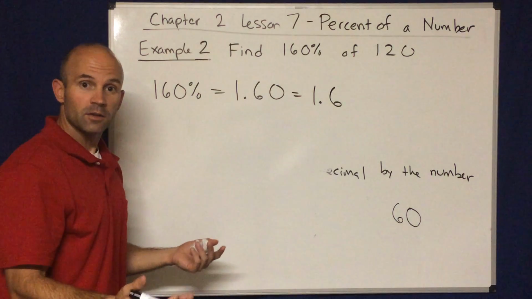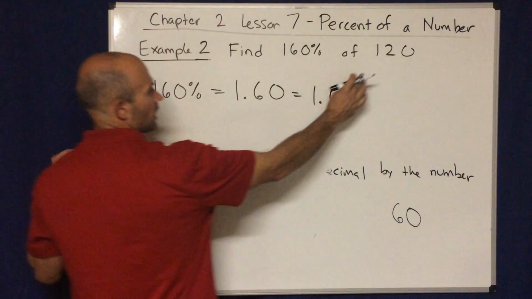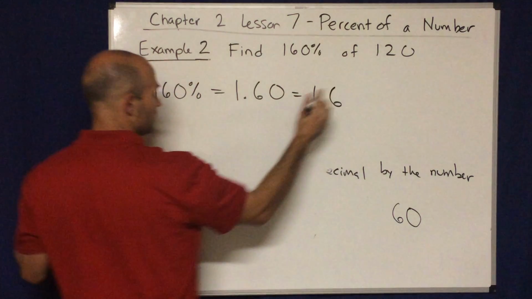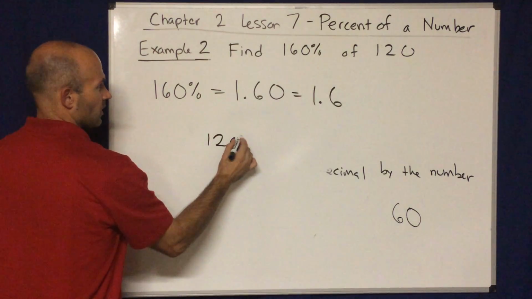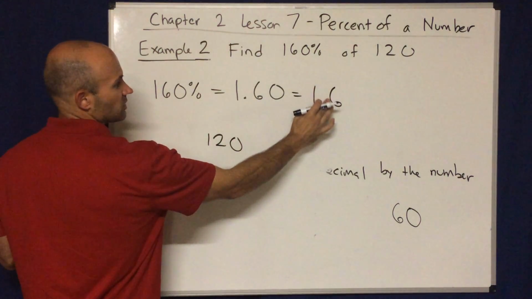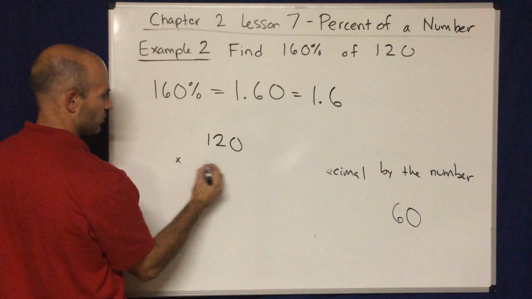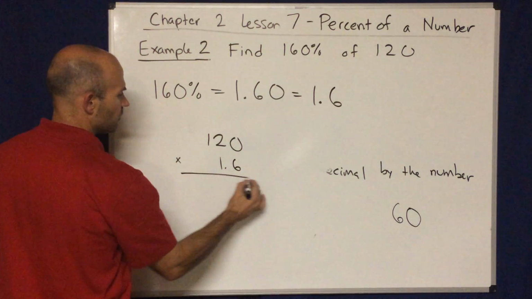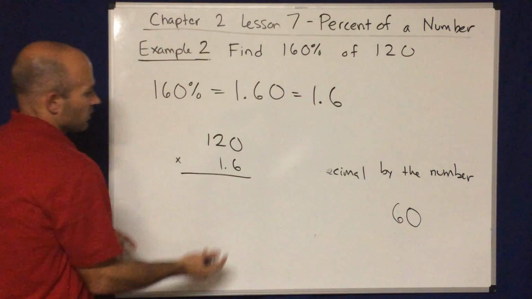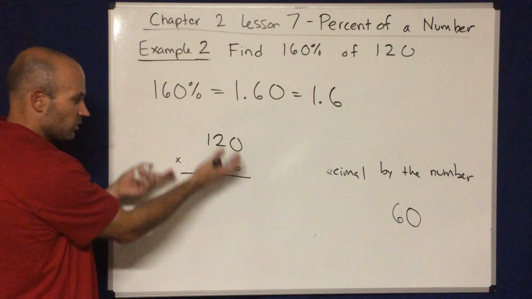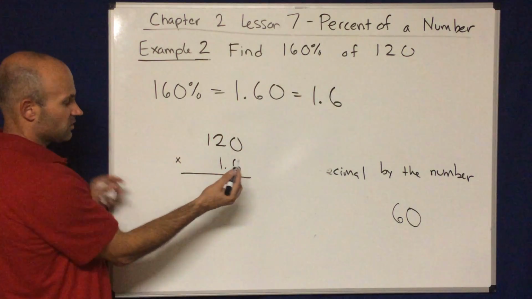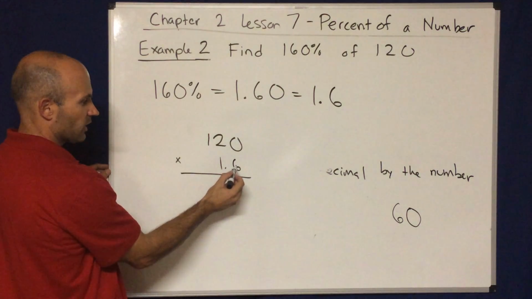That completes step 1. Now on to step 2. I take the number 120. I multiply it by my percent, which has now been converted to a decimal, times 1.6. And then we just do the arithmetic. So it's good to be able to do these computations, but it is just a bunch of arithmetic, so I'm going to go ahead and go through it kind of quick.